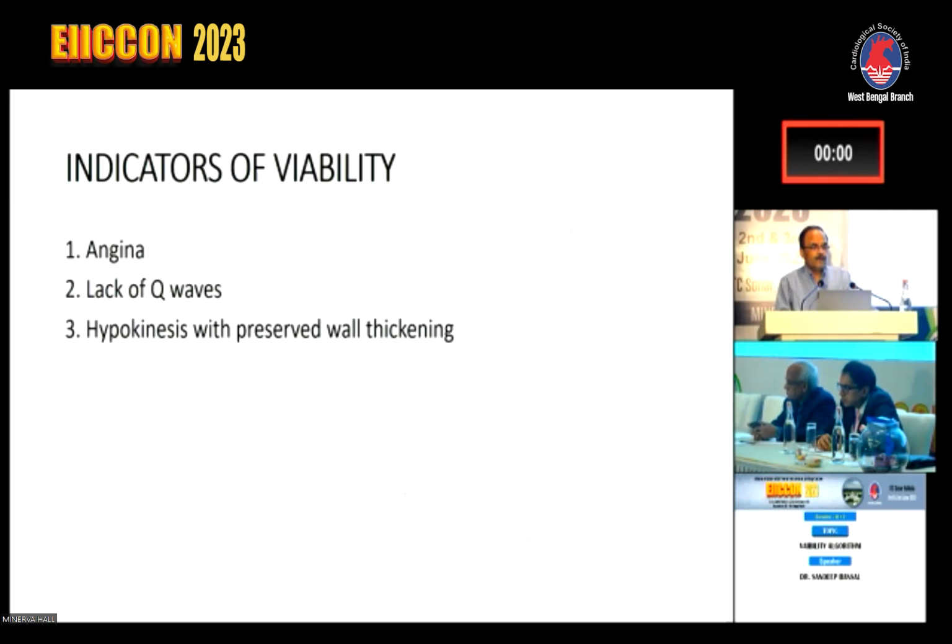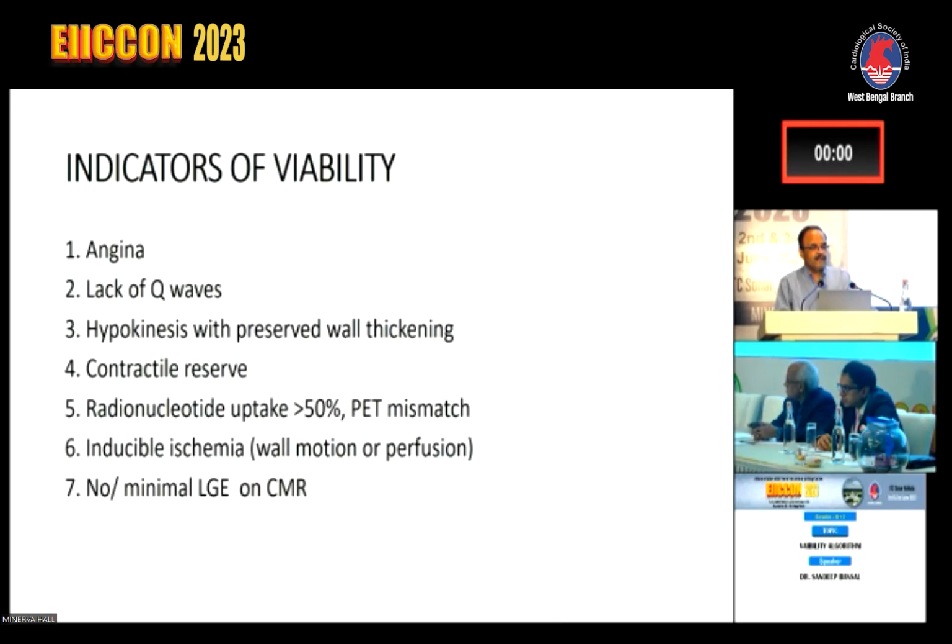Now, the indicators of viability. If a person has angina, it should be a true angina. That is the strongest marker of the fact that even if the ventricle is dilated, even if the ejection fraction is low, and there is hypoperfusion, if the patient is having angina, that is the strongest predictor that the myocardium is viable.